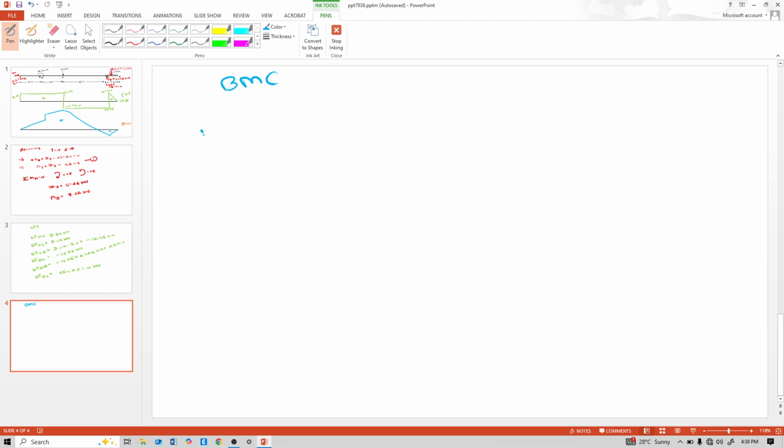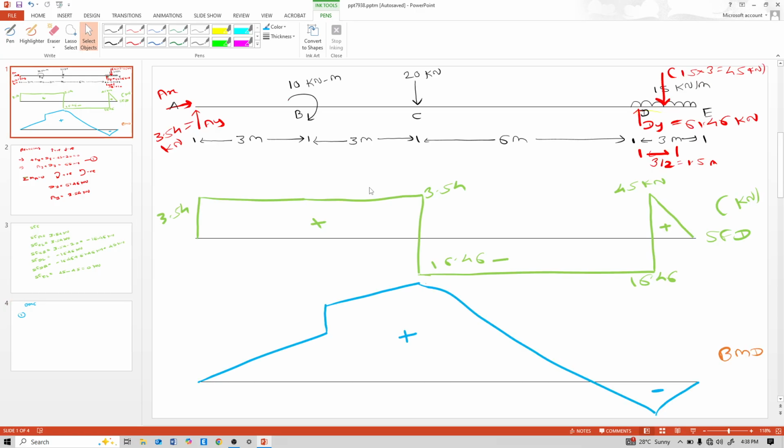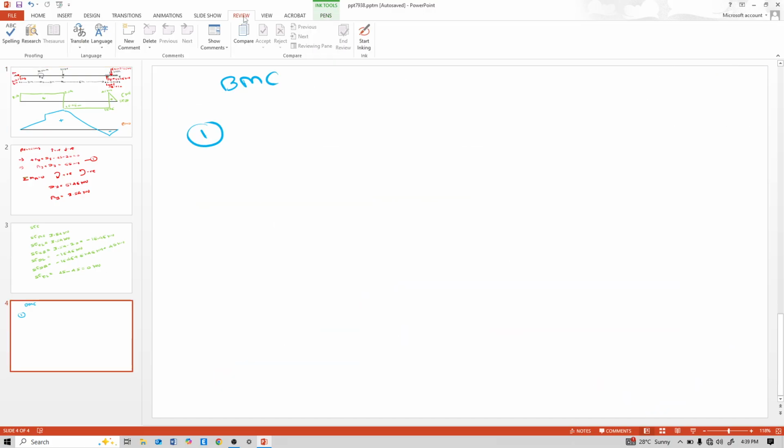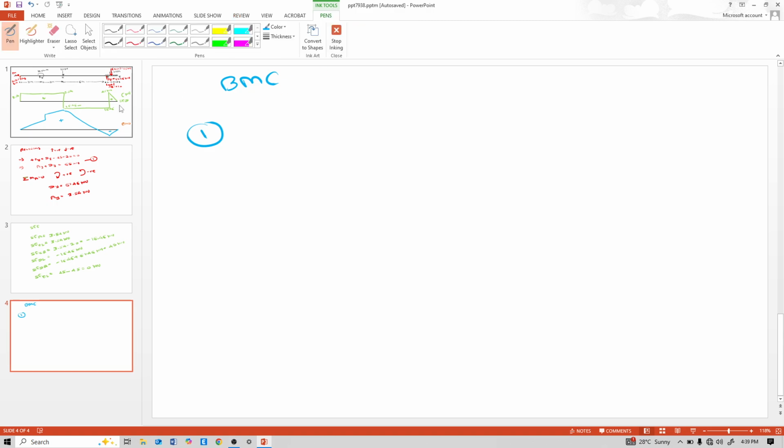Bending moment calculation. First, see support A and support D. Support A has only reactions, so its moment is 0. Unit is kilonewton meter.